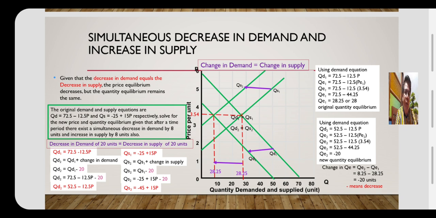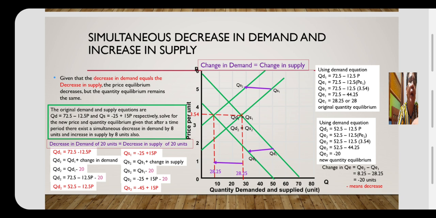I failed to make a better illustration in this particular case. Okay. So the location of the new equilibrium point is actually correct there. It's only that I failed to move the writing of QD sub 2 equals QS sub 2.